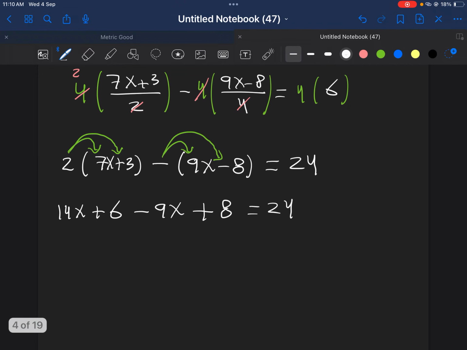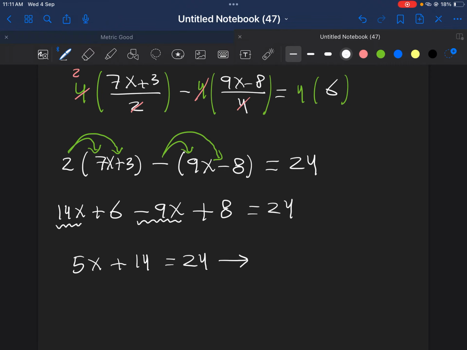Now, what we have, 14x, negative 9x, this will give me just 5x. Plus 6 plus 8, this is 14, equal 24.